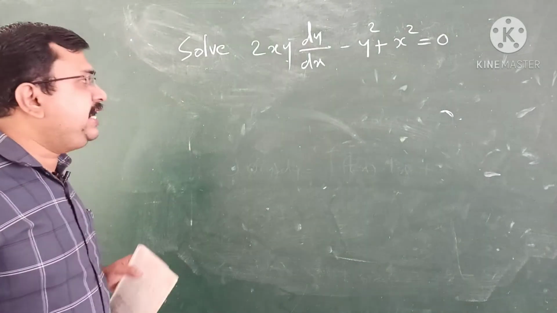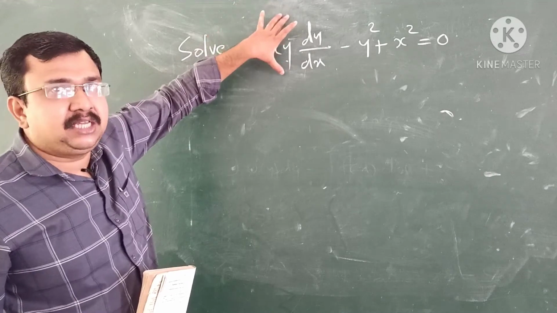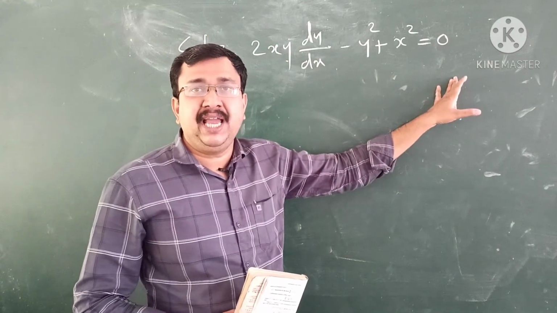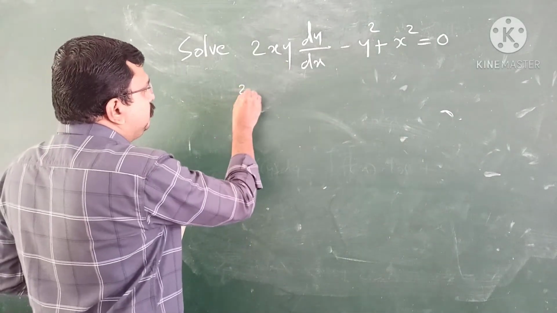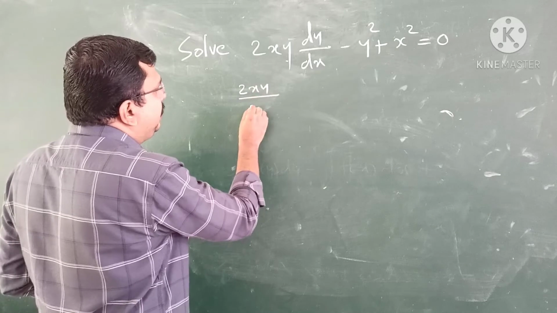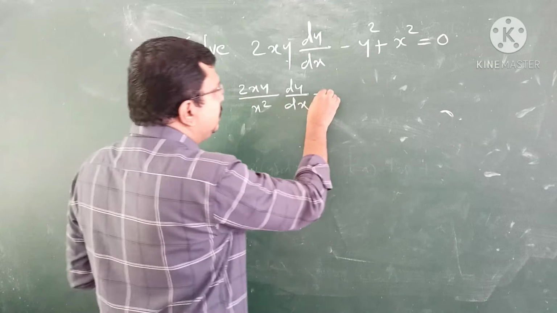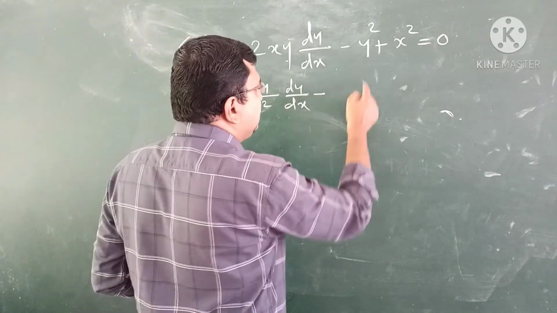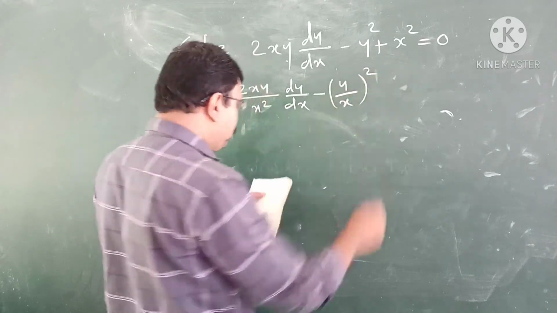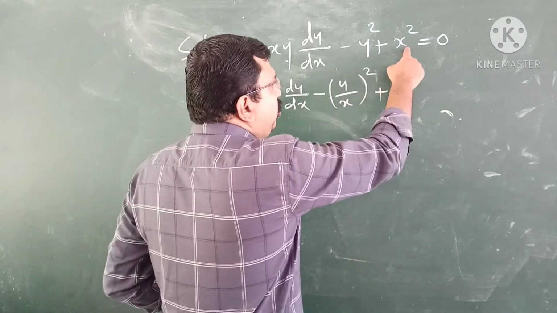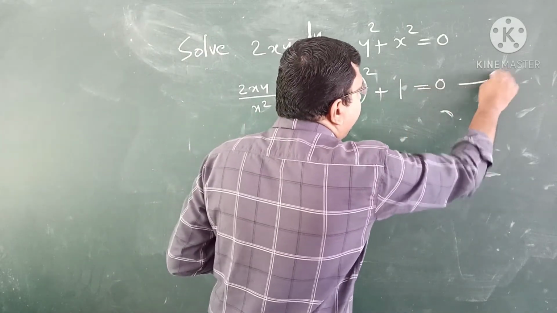Now dividing throughout by x square. Then 2xy divided by x square into dy by dx minus y square by x square, which is y by x the whole square, plus x square divided by x square, which is 1, equal to 0. Equation number 1.